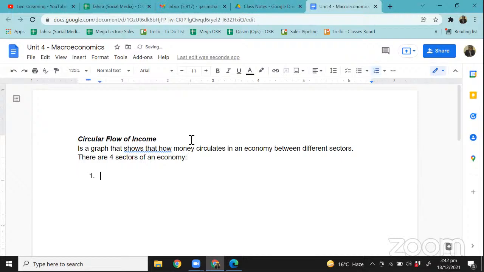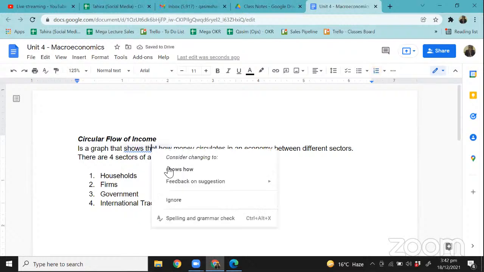So the first one, as I said, are the households. My example is of the household. I belong to a household, where I go to shop, a consumer basically. Then you have firms, the companies, like Mega Lecture, a company that provides goods and services, right? Then you have the government. We already know what the government is, and then there is the fourth and last sector of the economy, which is known as international trade. So these are the four sectors of an economy.